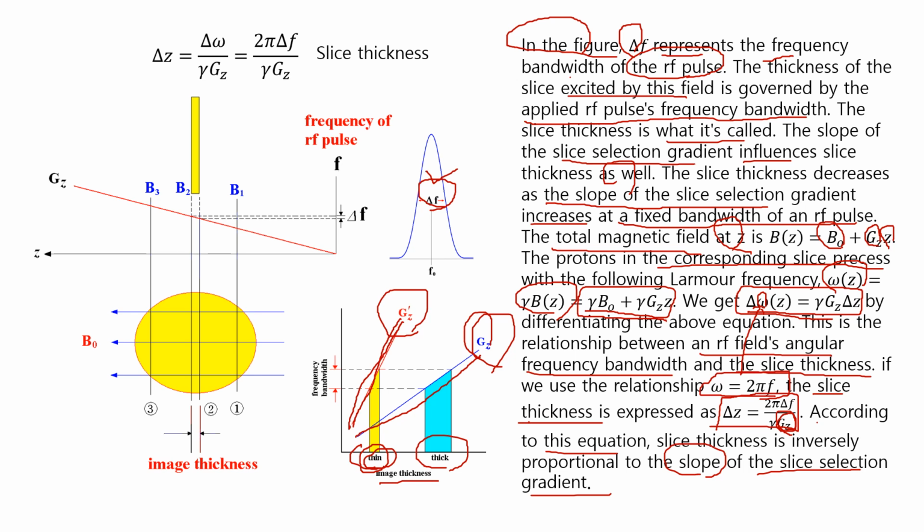So if you use the RF pulse with the bandwidth delta f, and then we also have a gradient field, then the protons in this region can be resonated by this RF pulse.